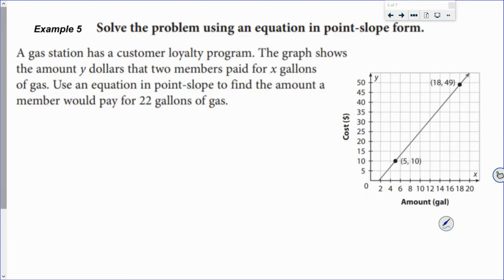All right, let's look at one more example here. Now, in this example, I have a graph. Remember, we look at these things in terms of charts, tables, word problems, equations, and we can also look at them in terms of graphs.